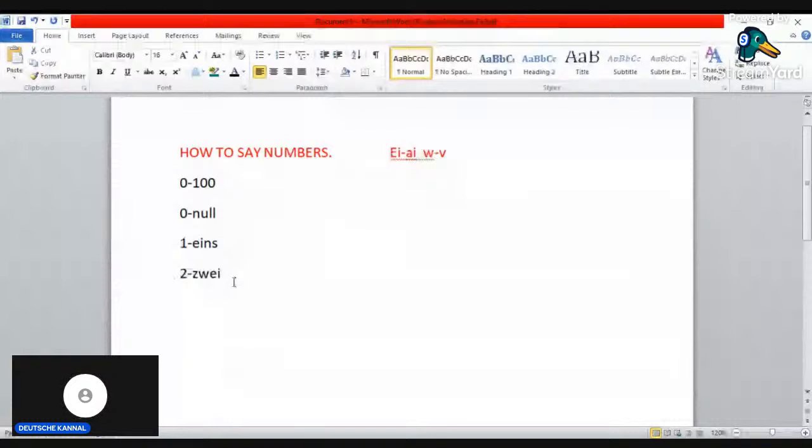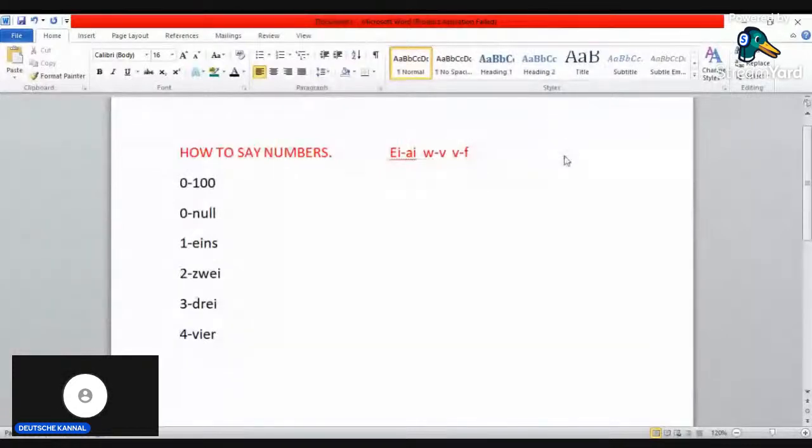Then the third one, number 3, you can even try to pronounce that one and see if you can guess what it is. So it is drei. Then the next one is vier.